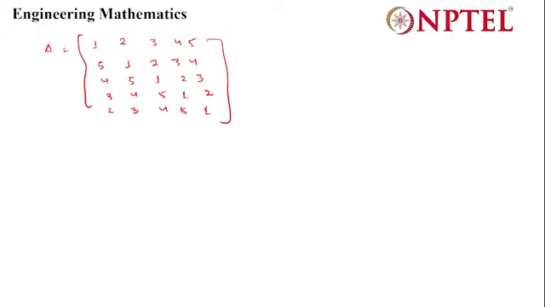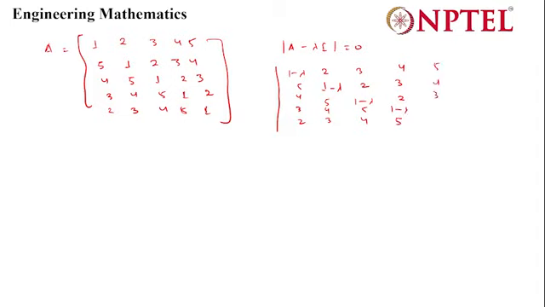So firstly, we will write its characteristic equation. That will be the determinant of the matrix with 1 minus lambda on the diagonal, with rows 1 minus lambda, 5, 4, 3, 2; then 2, 1 minus lambda, 5, 4, 3; and so on, equal to 0.